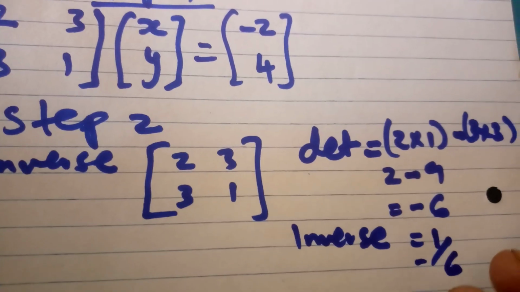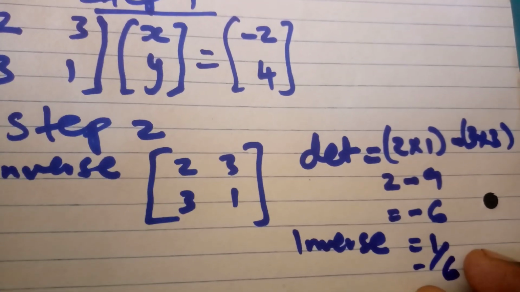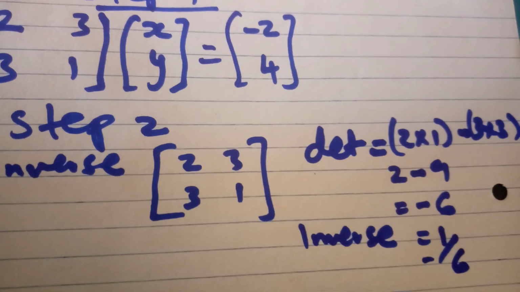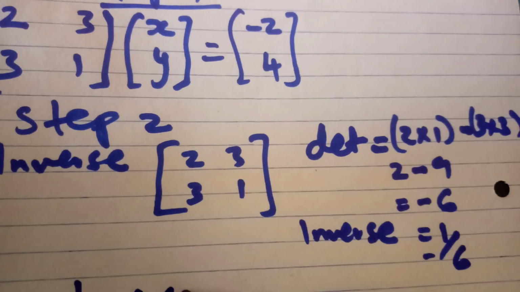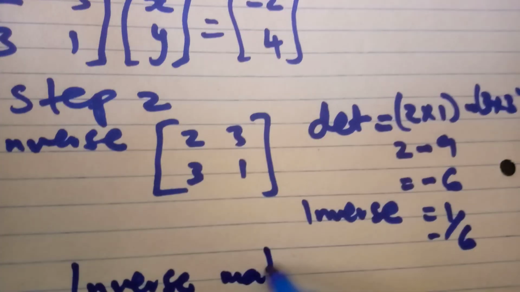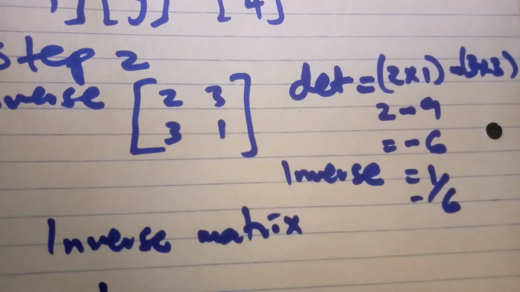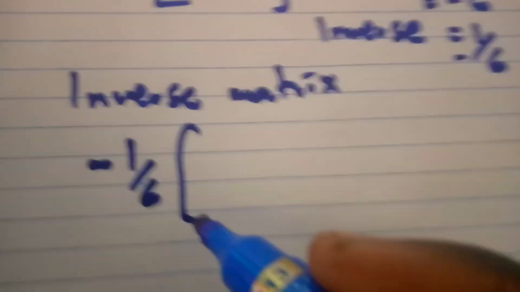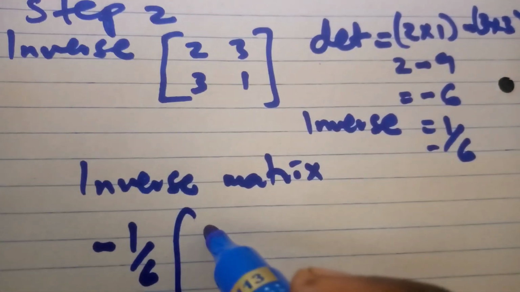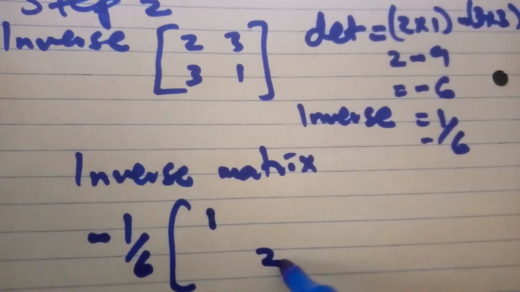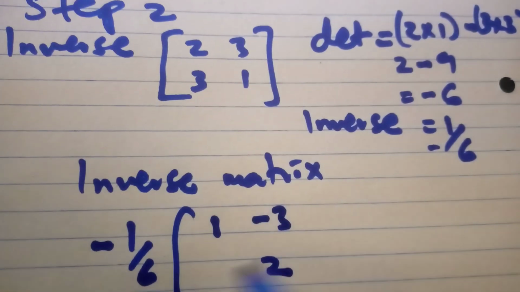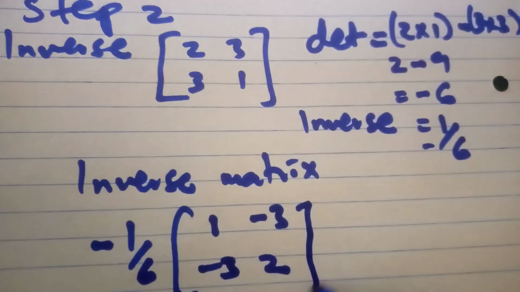And then multiply my inverse determinant by the matrix. So my inverse matrix is going to be -1/6 multiplied by the matrix where the positions change, and on this side the sign also changes.